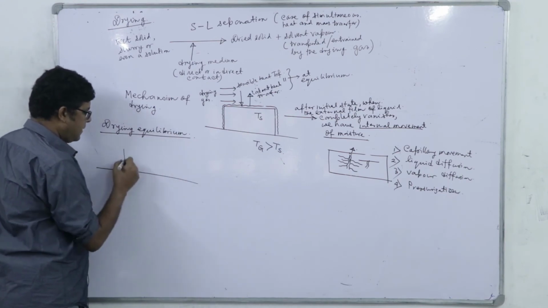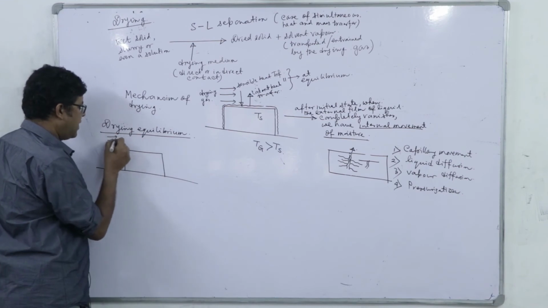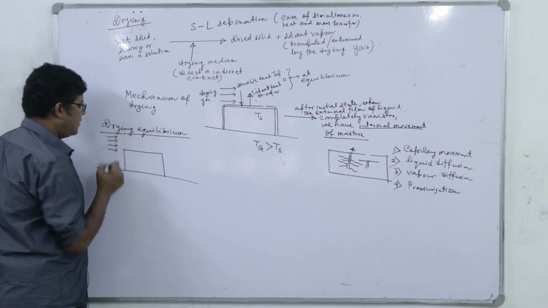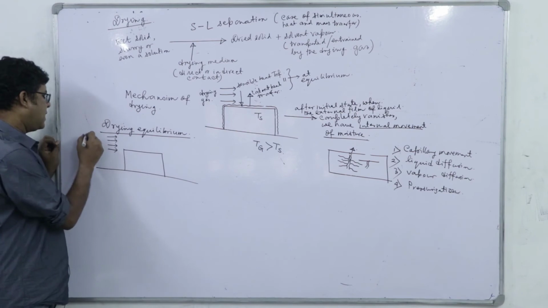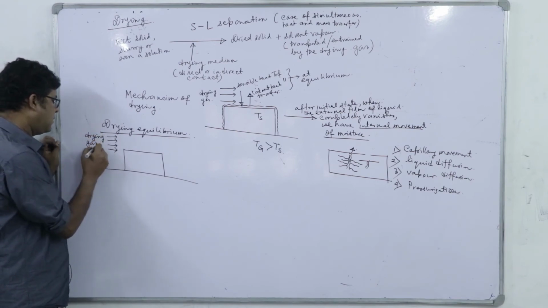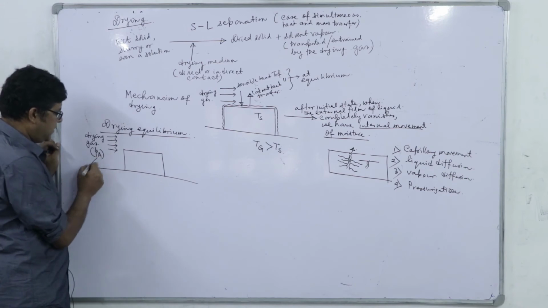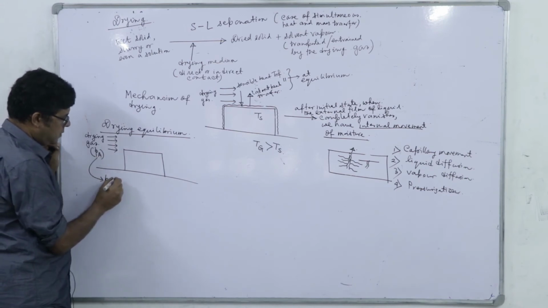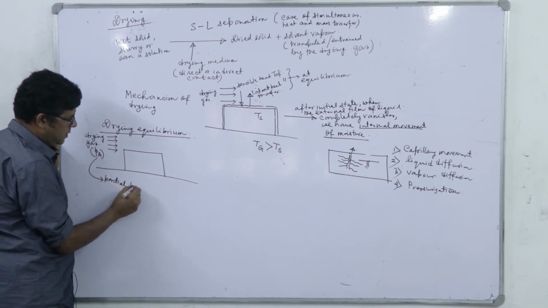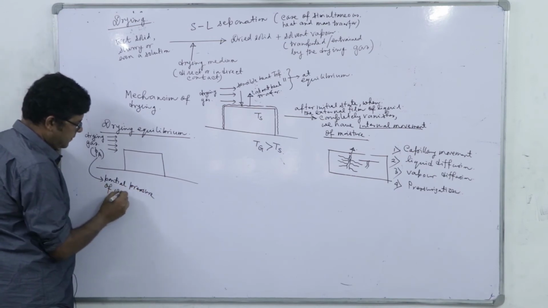See, again we have a block of wet solid, we have this drying gas which has a partial pressure Pa, the partial pressure of water vapor.